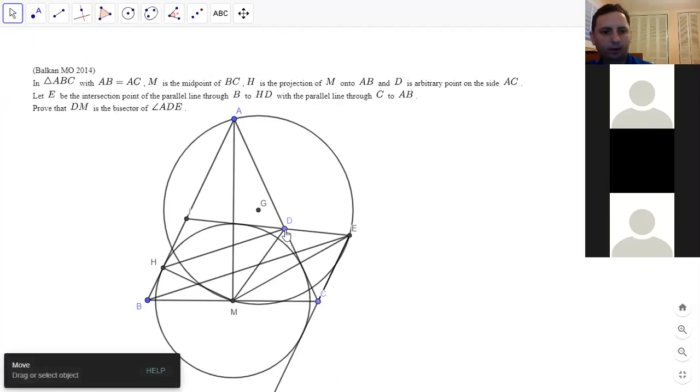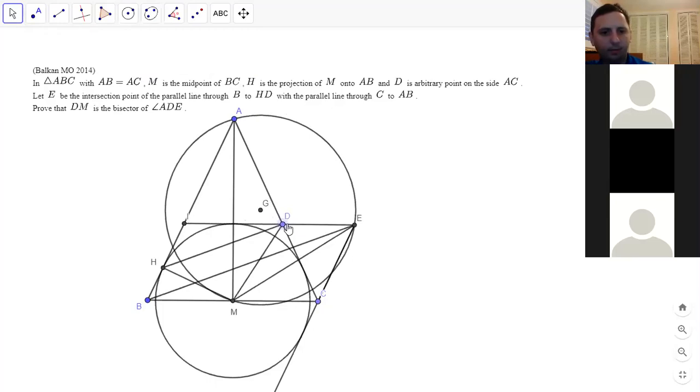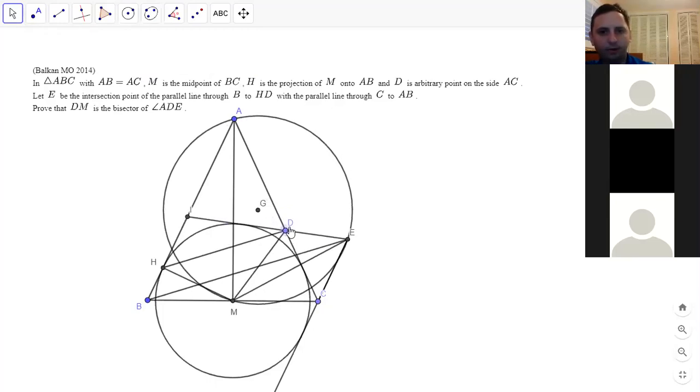So that's kind of interesting, because that means if we move D around, basically H is staying the same, but it's equivalent to MI is perpendicular to ME.